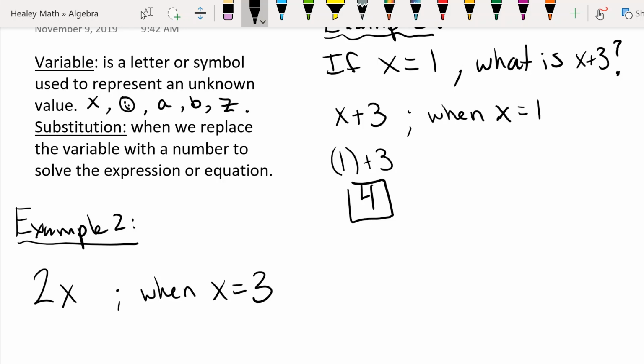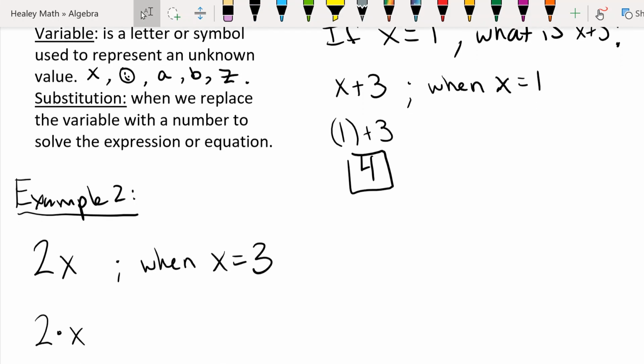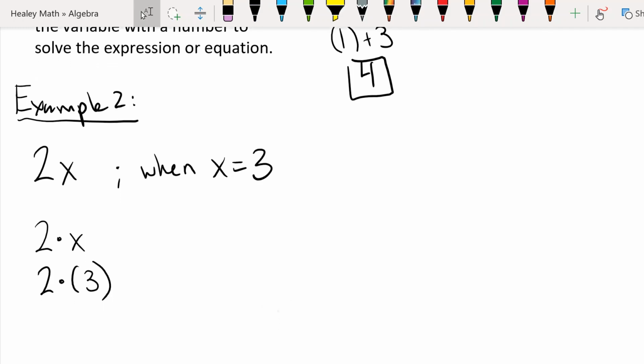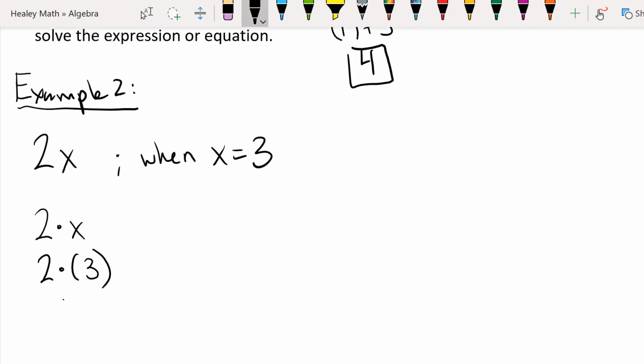Remember, if we have a problem like this, where we have 2x, this means 2 times x. So, if you were substituting in 3 for x, this is the same as saying 2 times 3. And we get the answer will be 6.